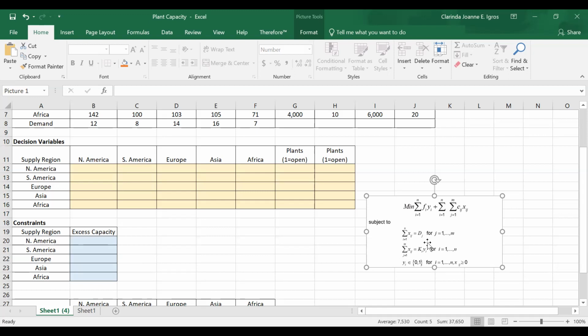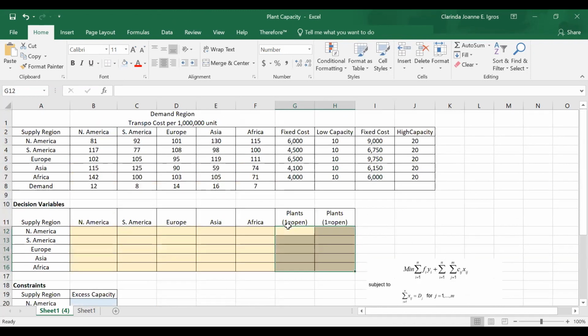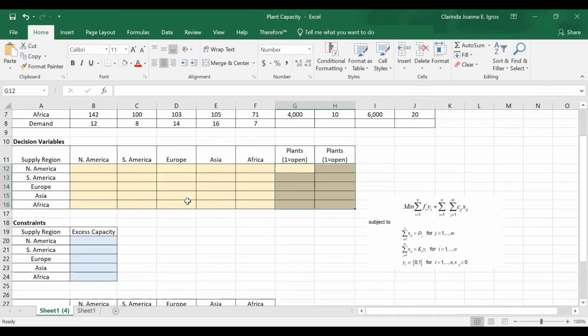The third constraint states that this one is binary, so it has a value of 1 or 0, because there will only be a value or cost if the plant is operational. If this one is 0, there should be no operating cost. So these are the decision variables and constraints.